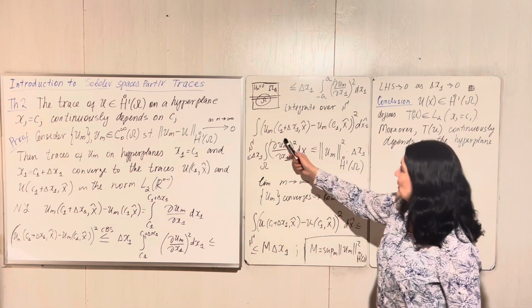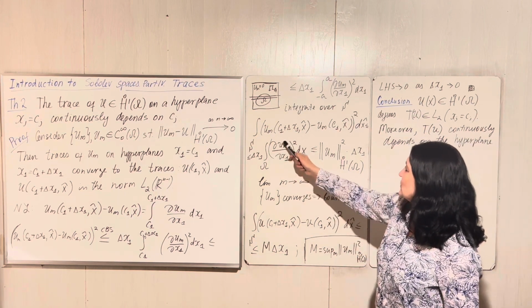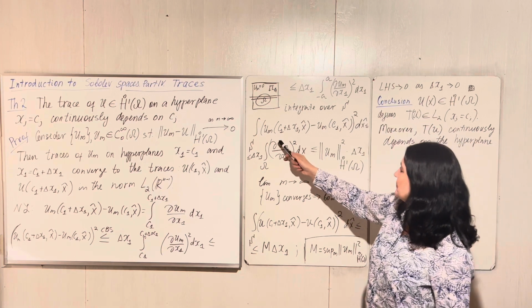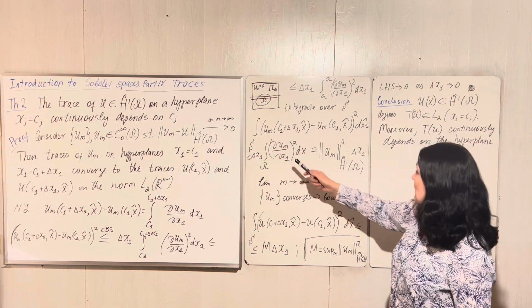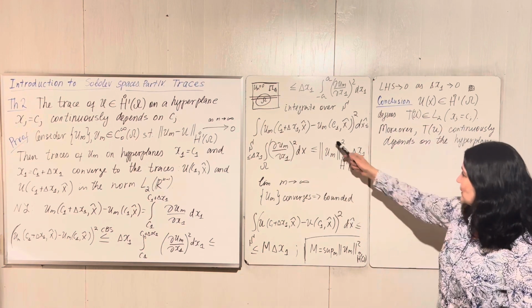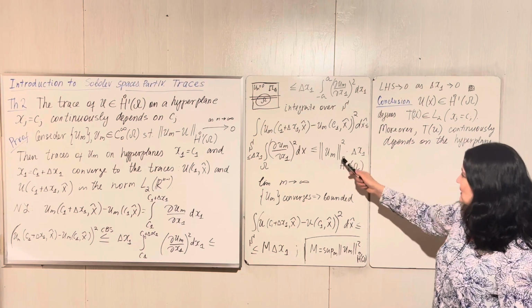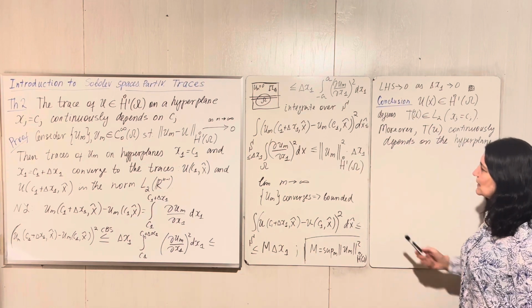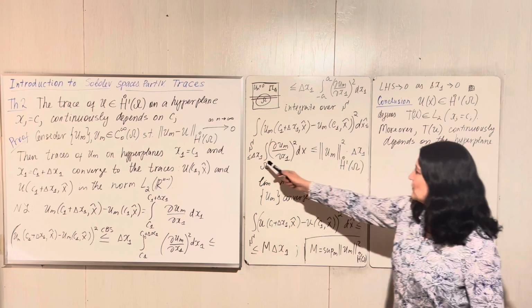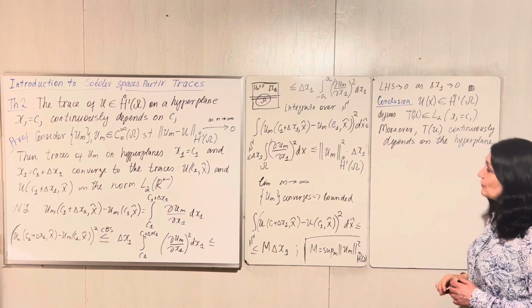If we replace this first derivative with the magnitude of the gradient, we make it even bigger, and the magnitude of the gradient will give us this norm squared times Δx_1, which we had before.